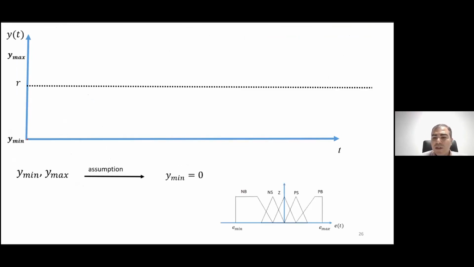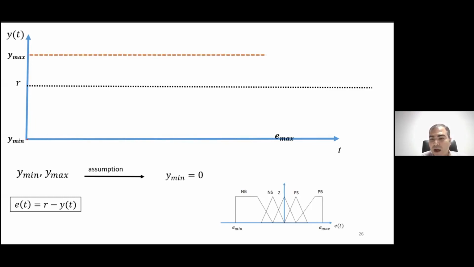Thus, according to this relation, the horizontal axis stands for the maximum value of error, and any point on this line corresponds to the minimum value of error, E sub min. Therefore, clearly, if the output of the plant is near the horizontal axis, it means that the error is positive big.